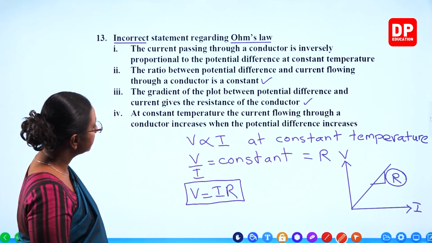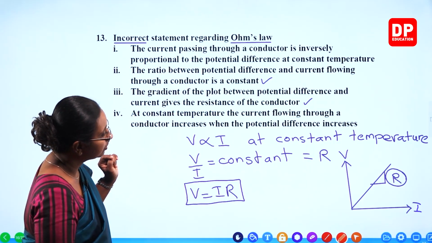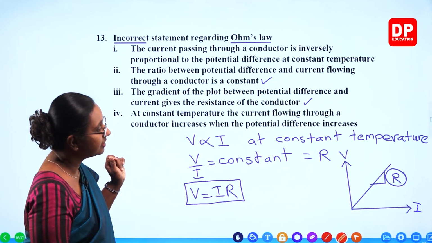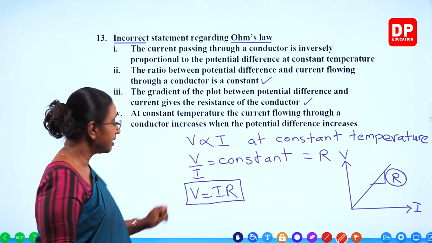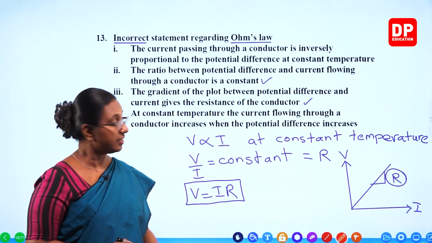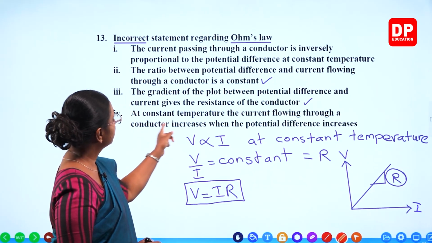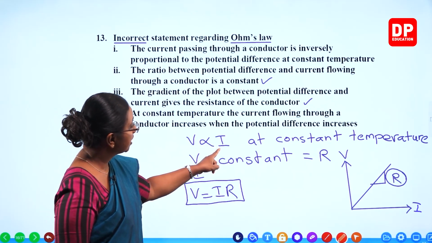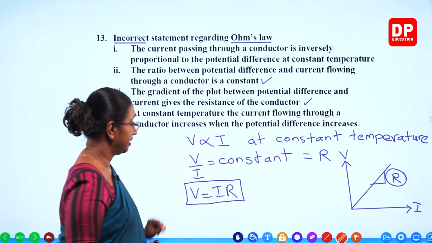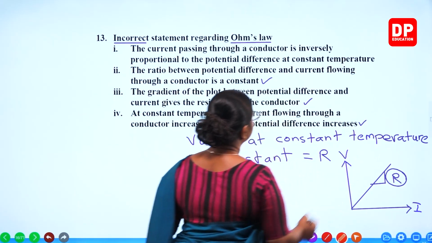Then at constant temperature, the current flowing through the conductor increases when the potential difference increases. That is correct, no? Potential difference is directly proportional to current at constant temperature. So when the temperature is constant, current flow will increase if the potential difference increases. So that is also correct.